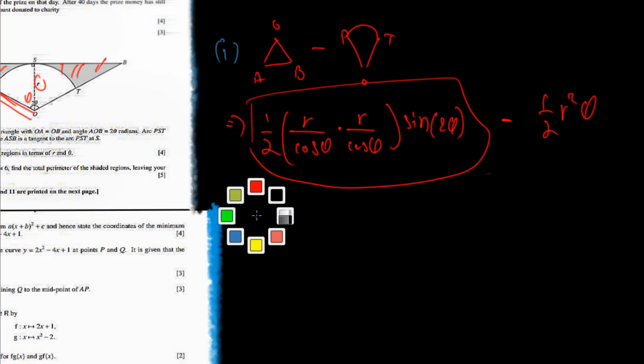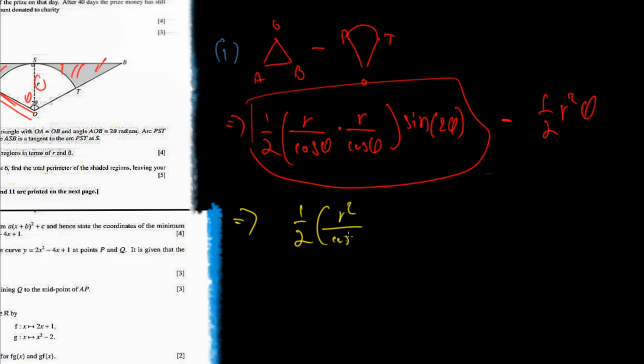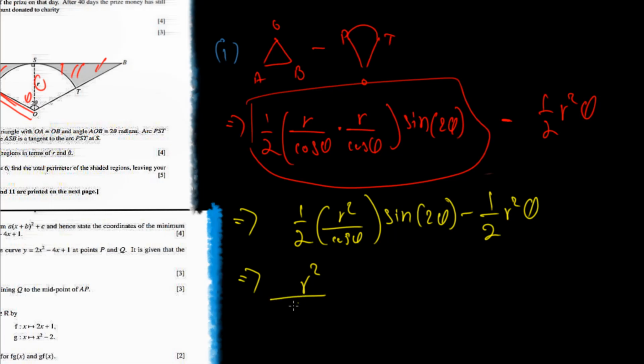If I simplify this entire thing, I should get 1/2 r squared cos squared theta by sine 2 theta, minus 1/2 r squared theta. So if I do a little algebra, what should that give me? That should give me r squared by cos. Do I have to do that?